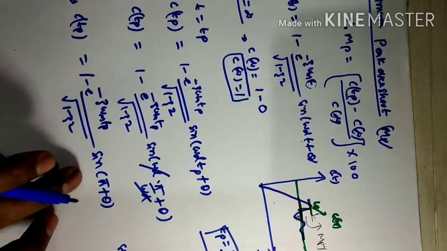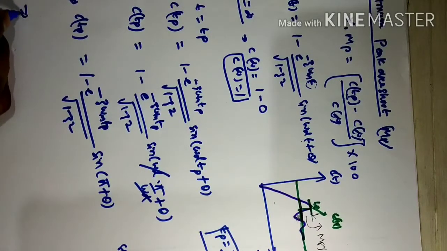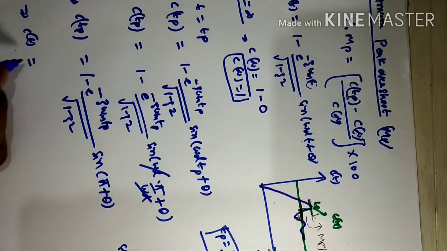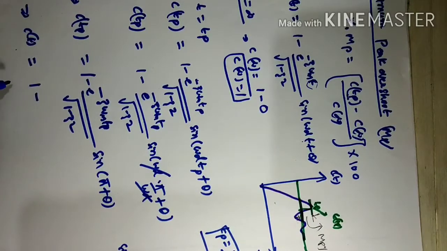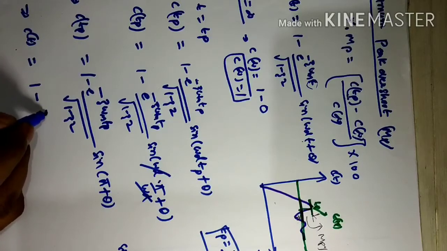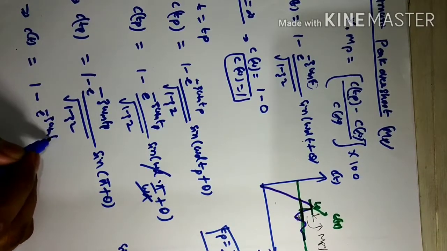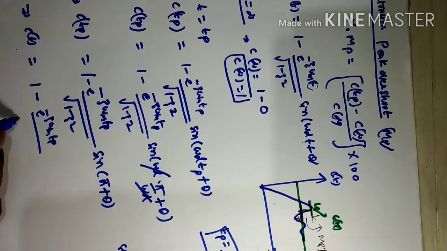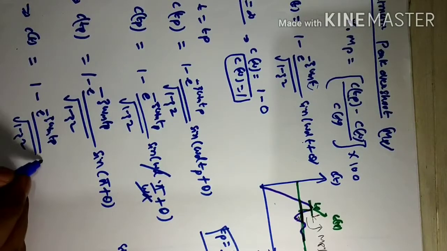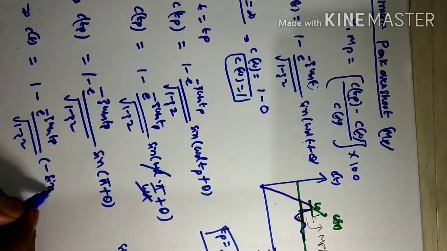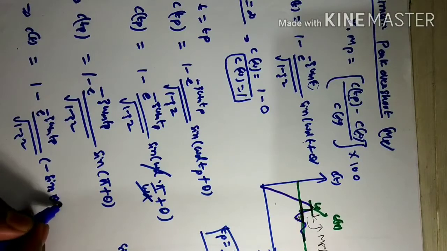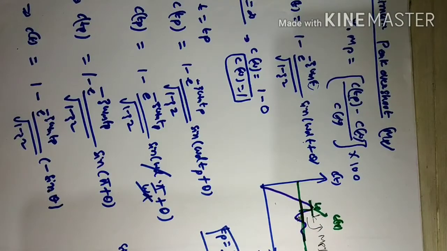So when you substitute this here, C(t) is equal to 1 minus e raised to minus zeta omega n tp by root 1 minus zeta square into minus sine theta.